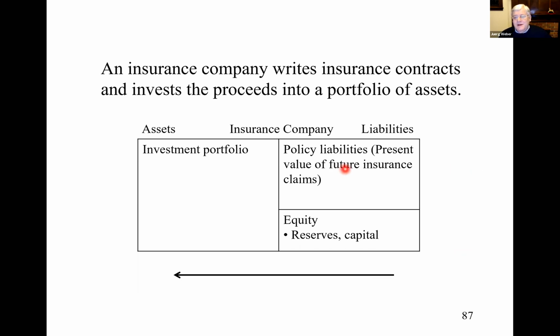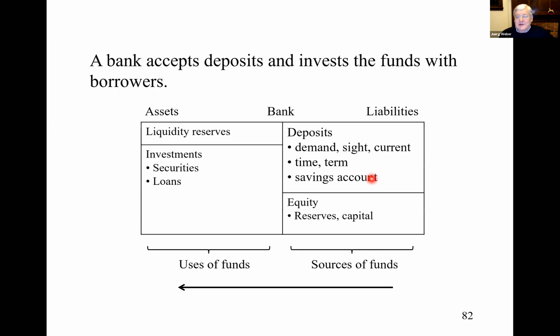People pay money into the insurance company, and they get the money back, but only in a special situation when they have some kind of loss. With a bank, they can withdraw the money on demand, or maybe after giving notice if it's a time deposit.